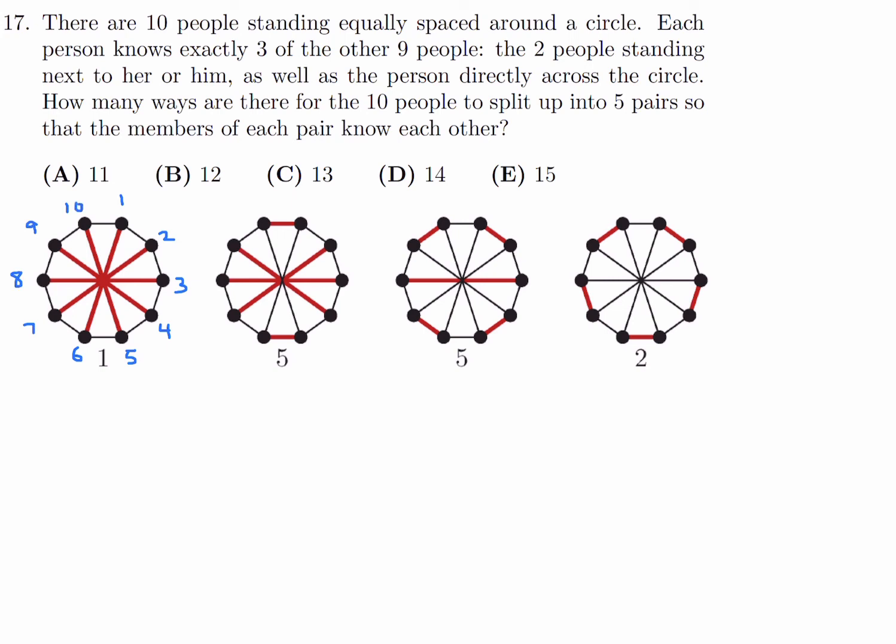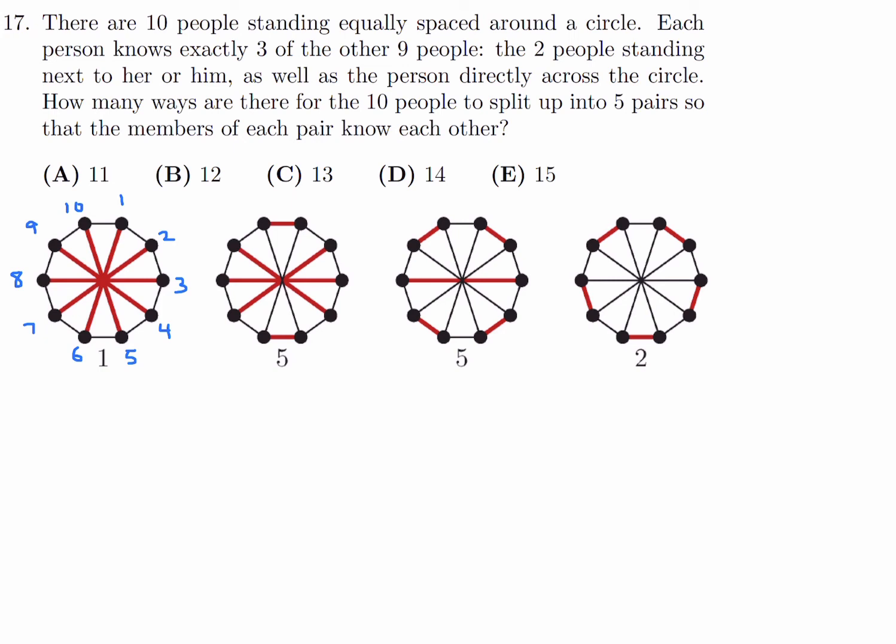Let's give one example. Person 2 knows 1 and 3 because those are the people next to him or her, and he also knows the person directly across, so he would know 7. And that's what those red lines, those diagonals, represent. So let's talk about them in terms of the diagonals.